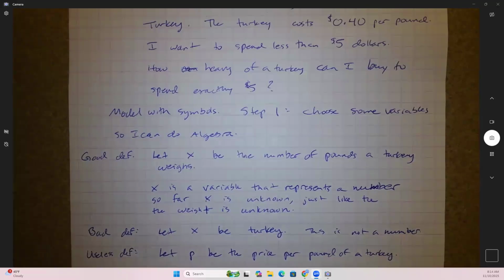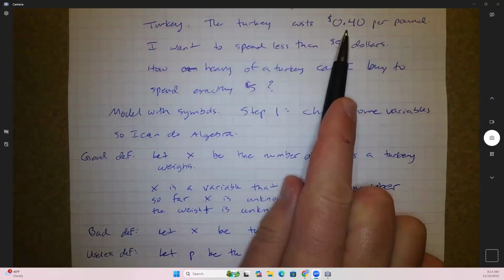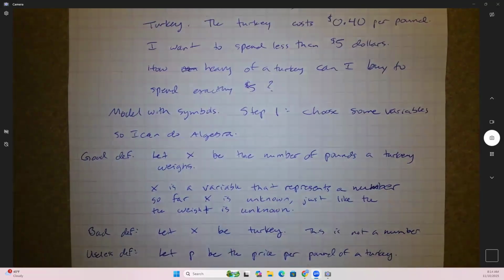If anybody online wants to chime in with the chat or unmuting, they can, but I'm not going to put that on you. It's Monday. We got some sleepy faces, including mine. This is a useless variable definition because it's not unknown. I already know it's $0.40 per pound. It's not that it's wrong, it's just not helpful.